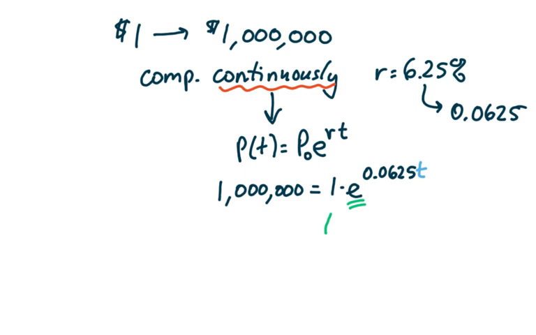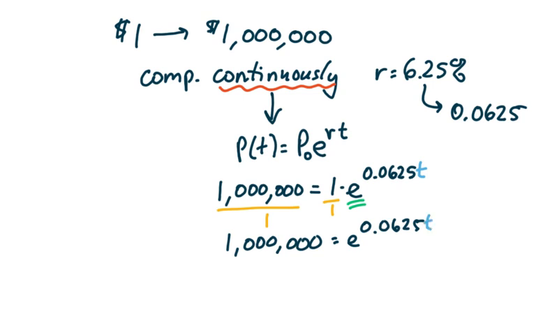And there is something in the way, but it is just a 1, so right now we don't have to worry about it. But just to get good practice, I'm going to divide both sides by 1, because we should always divide by our starting amount first. That's not going to change anything. So dividing by 1 just gives us, again, 1,000,000 equals e to the 0.0625 t. And the base of e is now all by itself.